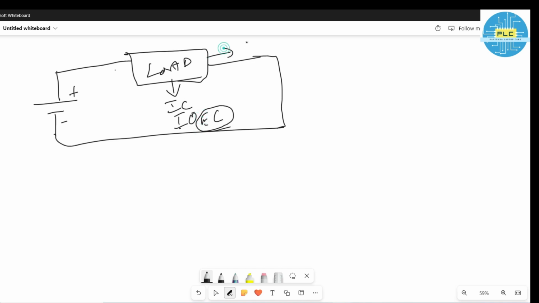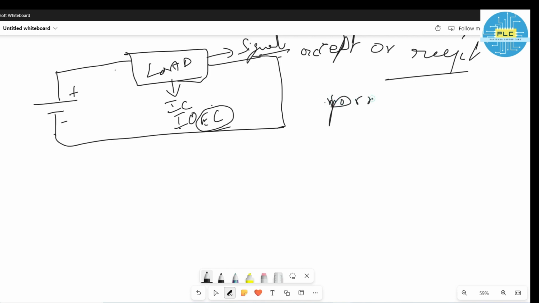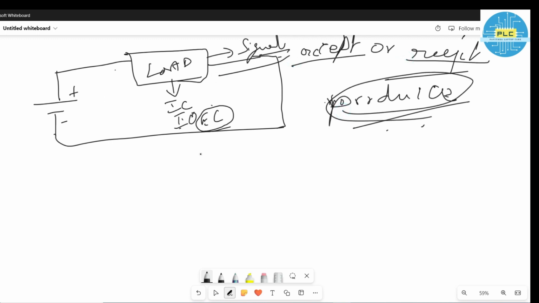This will give signals: it accepts or rejects or produces signals.